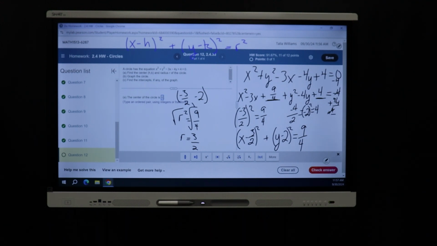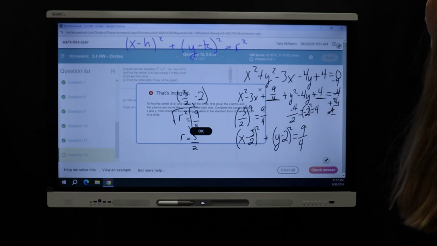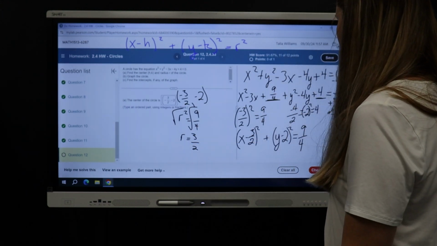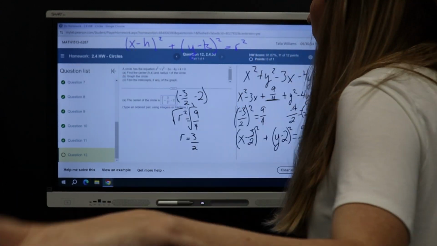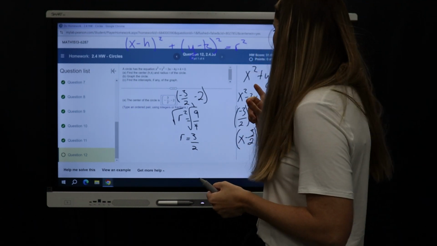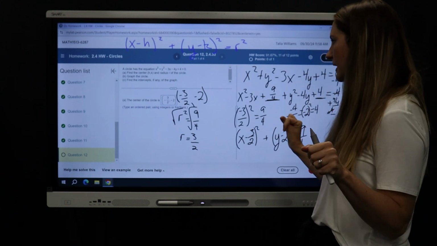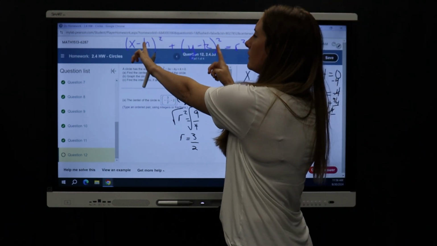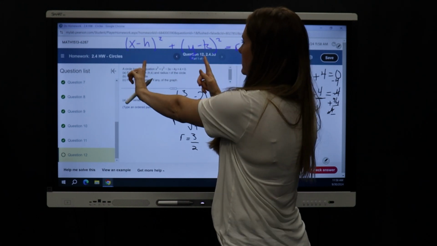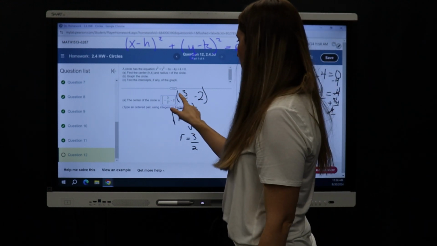So we have -3/2, comma -2. I'm leaving this because this is one of the most common mistakes and it's exactly what I did. So it's not -3/2 and -2 because the standard form equation is subtracts. Since both of these are subtract, that means these aren't negatives, they're positives.